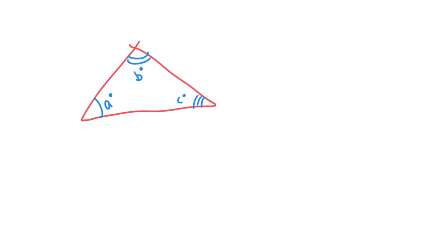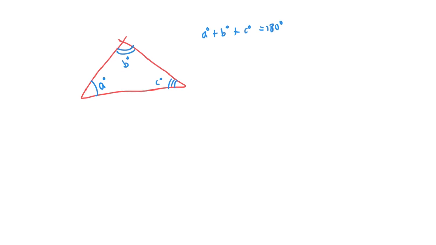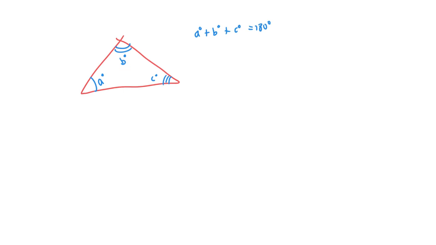And hopefully my student watching recognizes that when you add all of those angle measures, they're all going to add up to 180. That's an interesting fact about triangles: when you add all the interior angles, they're going to add up to 180. So that is a factoid that you need to know.